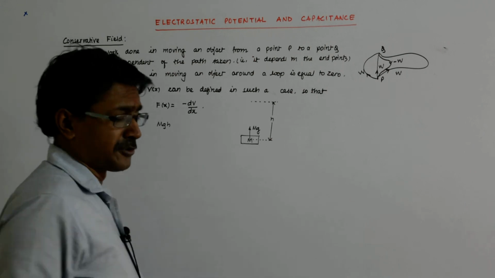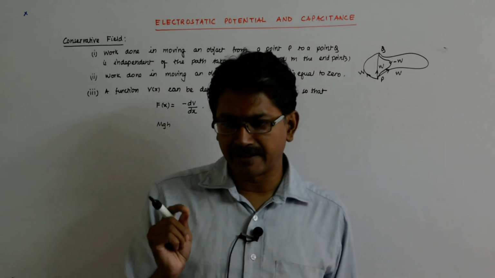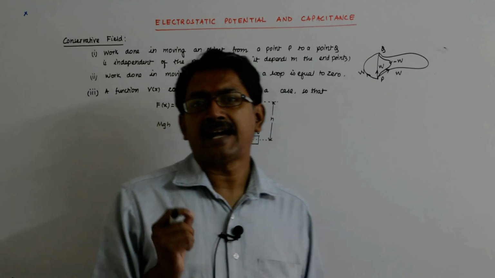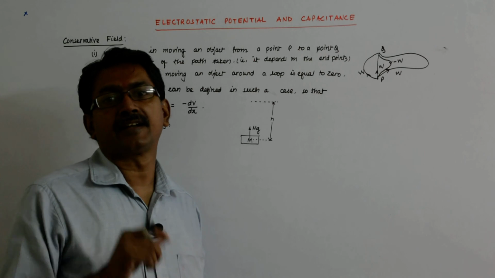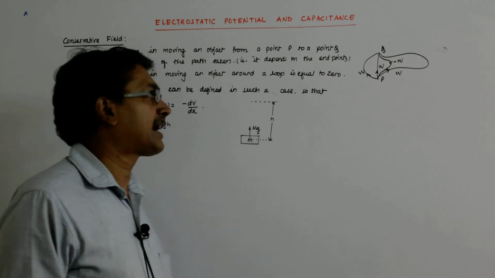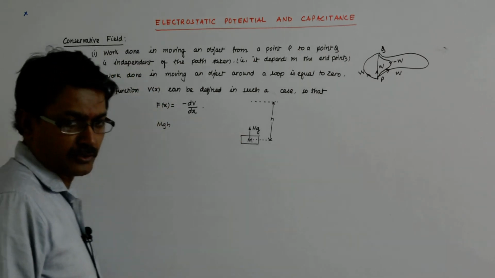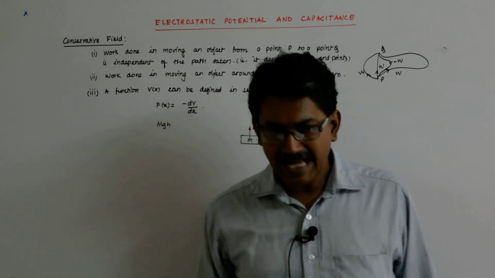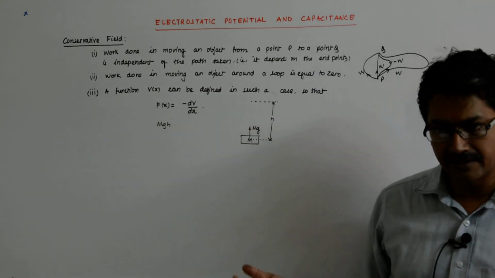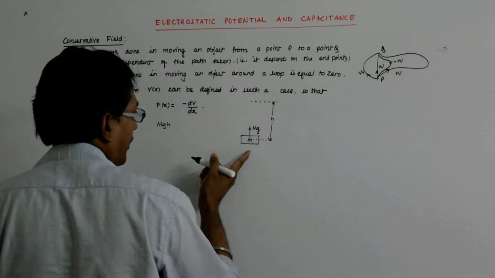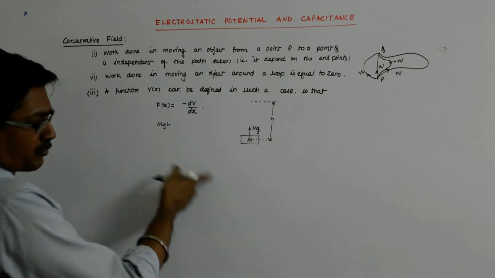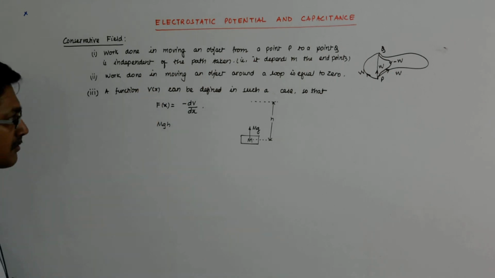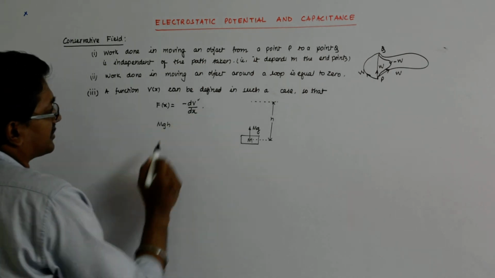Obviously this force has to be infinitesimally greater than mg, so that the acceleration is infinitesimally small, so that it will never acquire a definite velocity, and it will take an infinite amount of time in going from here to there. Suppose that time has already lapsed, theoretically, and we go from here to here and we do this amount of work. What is V? V is the potential energy of the system.